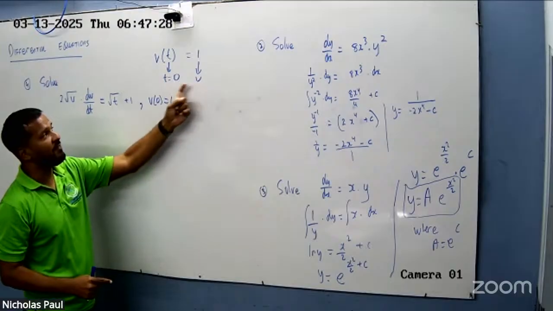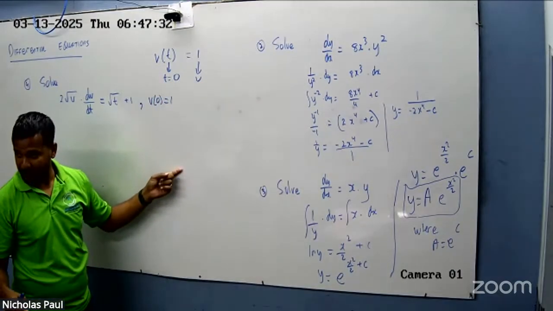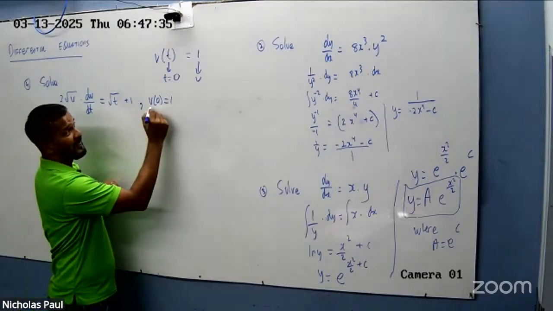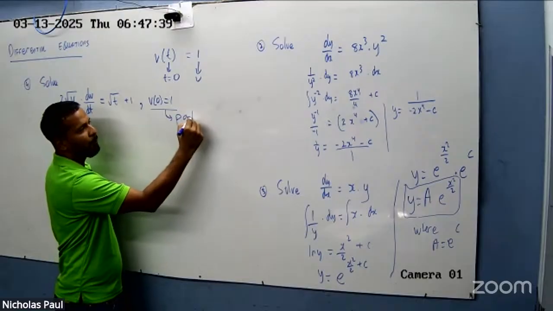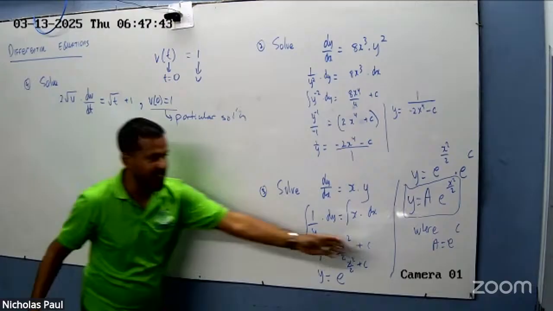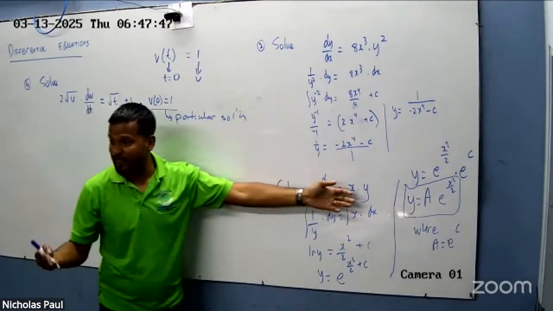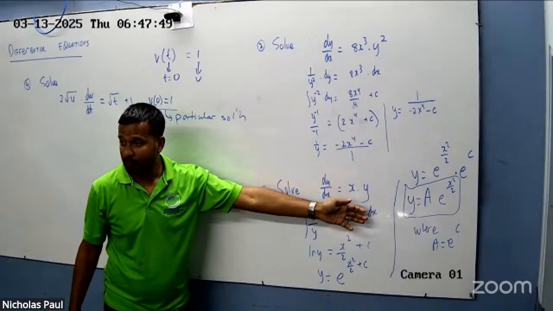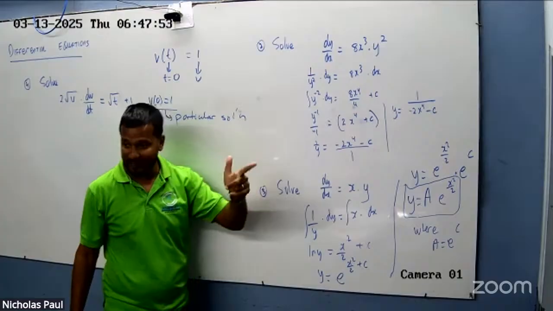If I give you t is 0 and v is 1, you could go and solve for the constant. So this now will allow us to find what we call a particular solution. This is a general solution. And when we get A, that's a particular solution. Are you okay with those two words, general and particular?